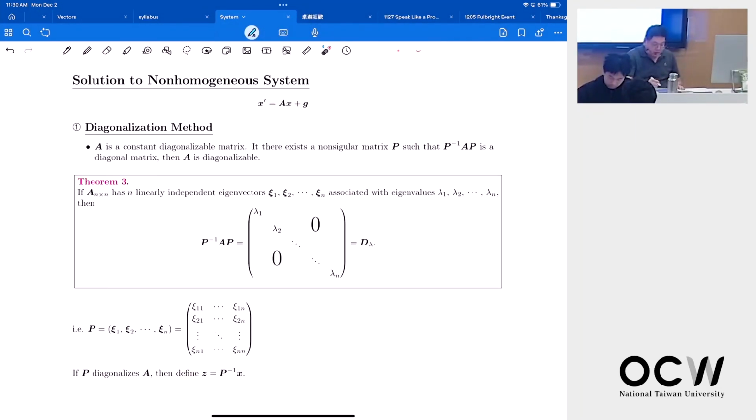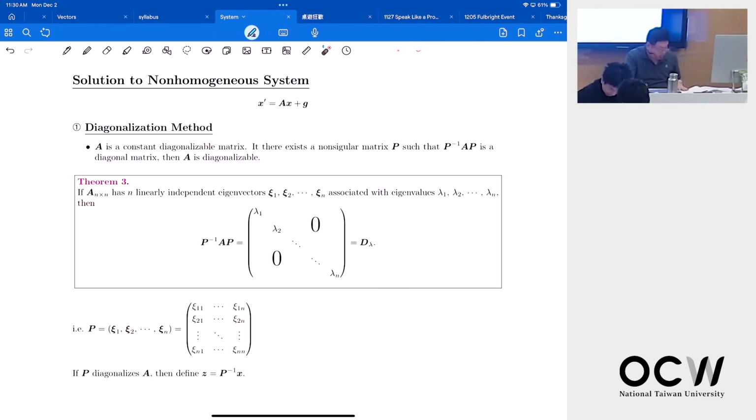So now before we find the exponential matrix form, let's see how we find the solution for the non-homogeneous system. We have this part, this G vector here. To find the solution of the non-homogeneous systems, we have 2 methods.